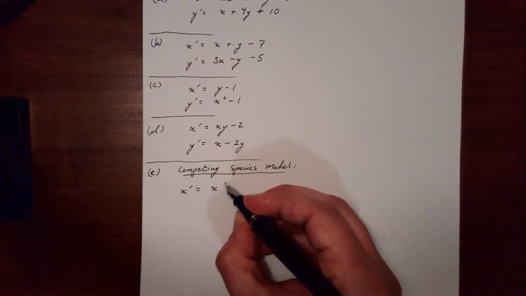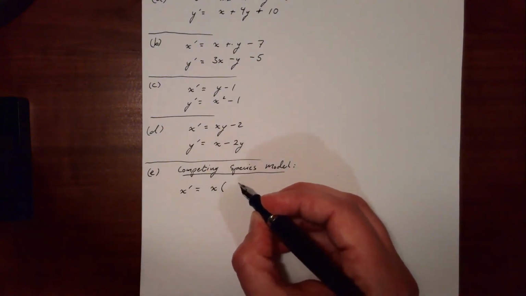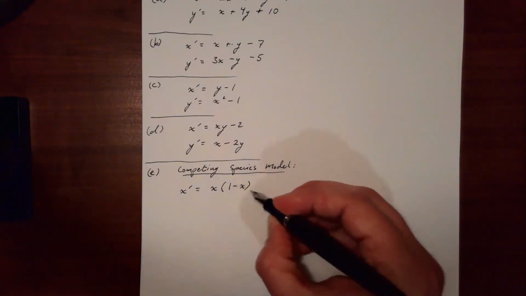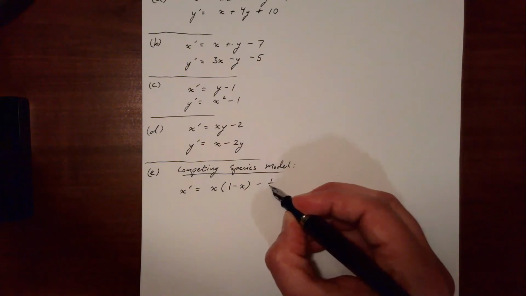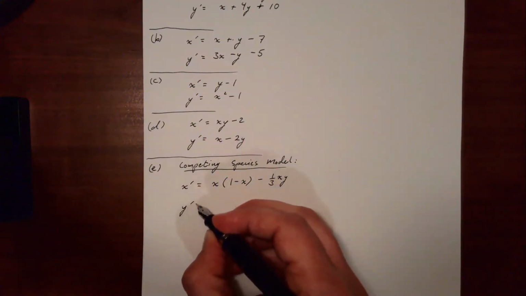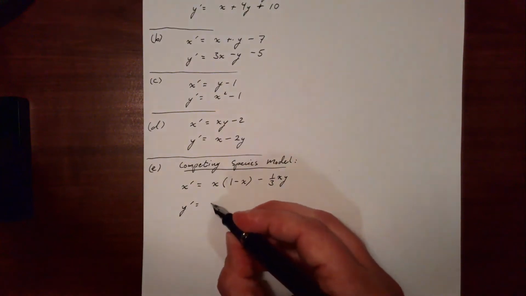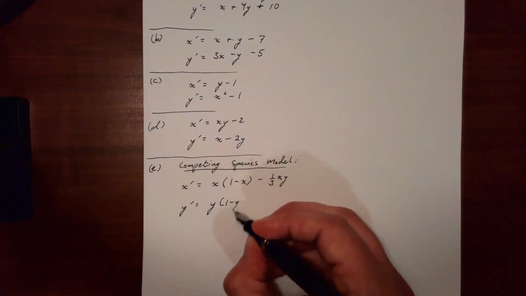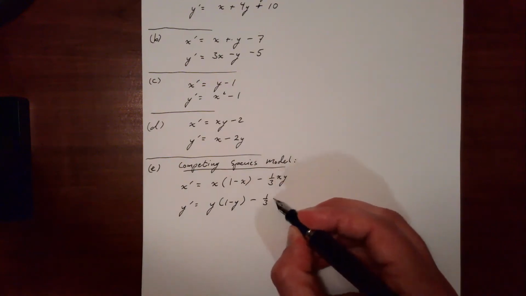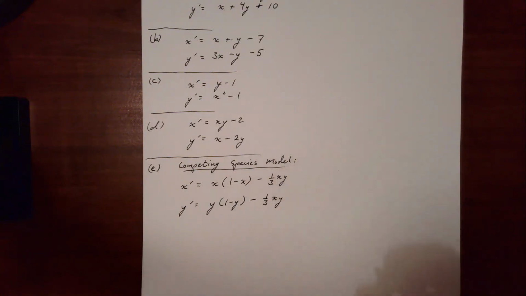This is the equation x prime equals x times (1 minus x minus 1/3 y), y prime equals y times (1 minus y minus 1/3 x).